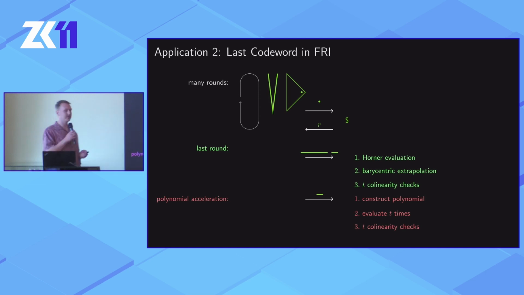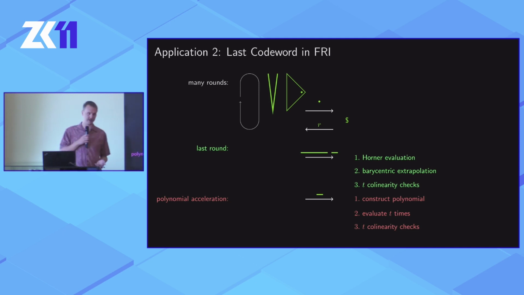All right, a second motivating application is the last round of FRI, before you sample the indices for opening the coefficients, for opening the code words and checking their collinearity checks. At some point, the prover needs to send a code word, and the verifier needs to check that this code word is of low degree.